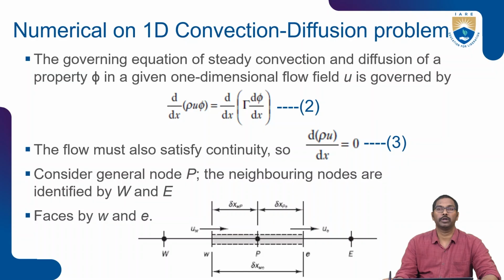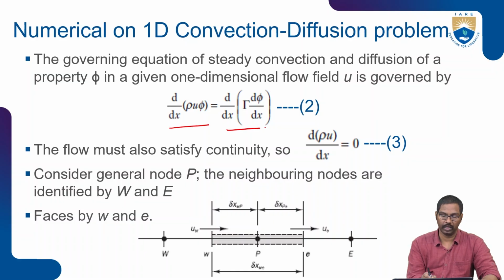The governing equation of steady convection and diffusion of a property pi in a one-dimensional domain is given by d by dx of (rho u pi) equal to d by dx of (gamma d pi by dx). This equation is integrated over all the cells and then discretized with approximations across the faces.